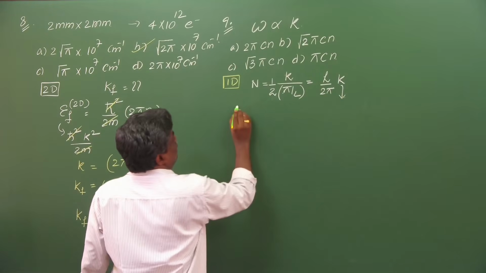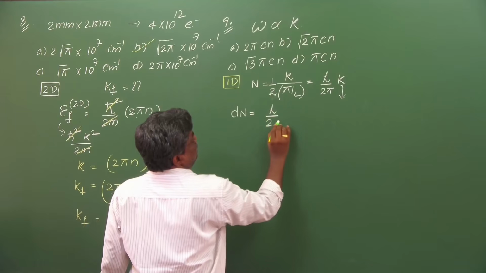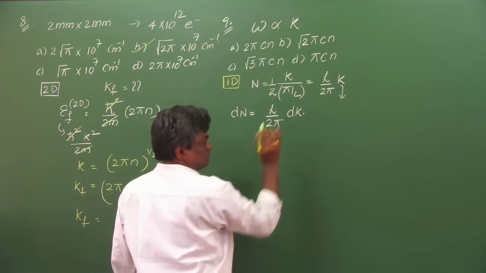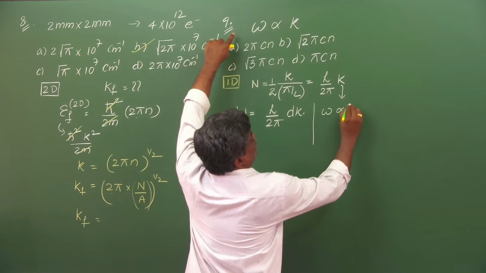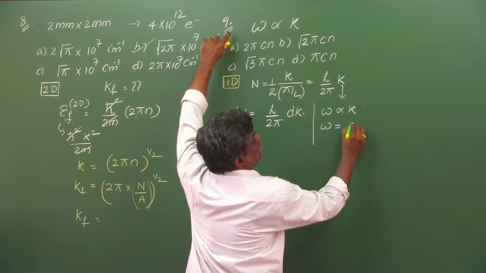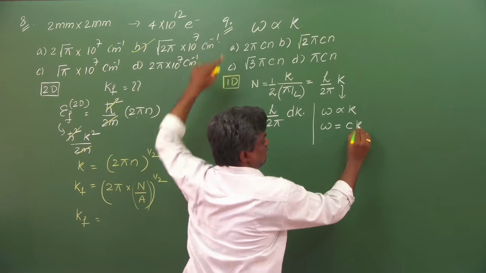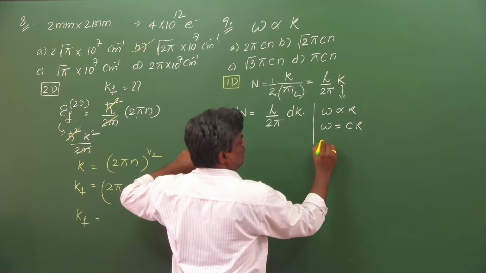Now dn equal to, could you please tell me, L by 2 pi into, now he already gave omega proportional to k, means omega equal to velocity times k. Velocity is given as c.